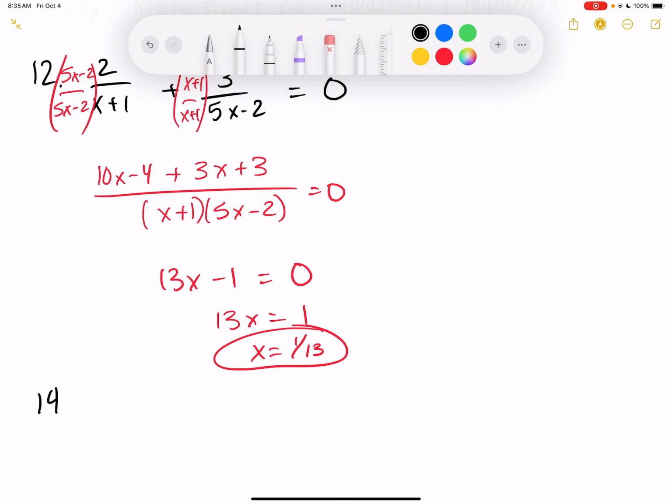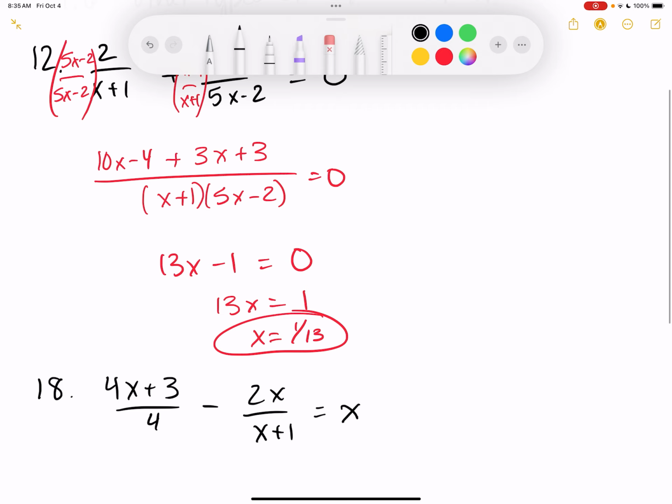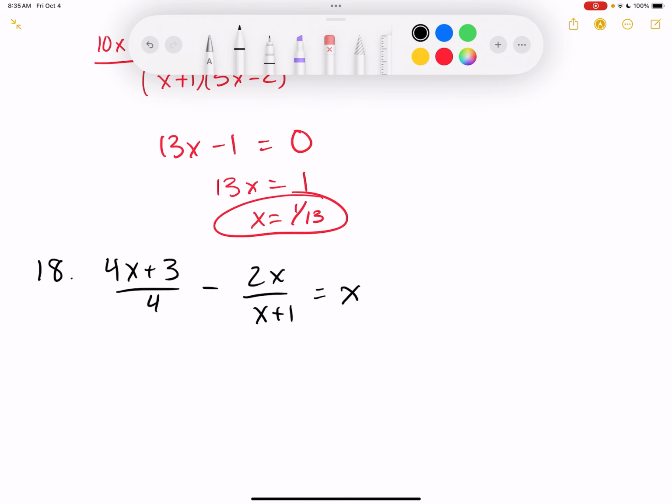Number 18, not 14: 4x plus 3 over 4 minus 2x over x plus 1 equals x. So I need to get a common denominator on the left side. I don't really care about the right side at the moment.